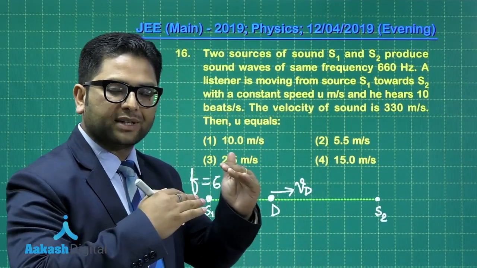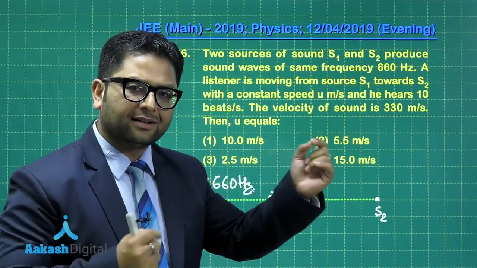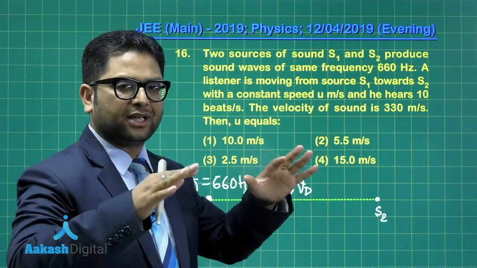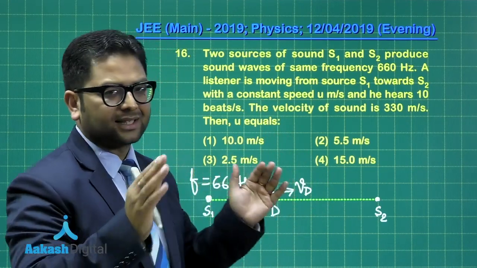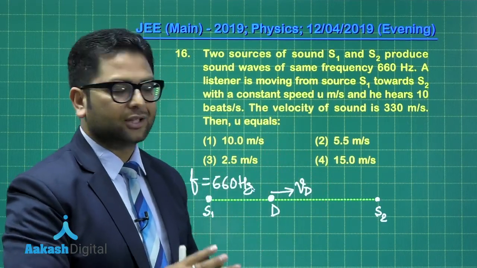So there are two frequencies, and if the speed of the detector is small, not significantly towards the speed of sound, then the difference in frequency would be coming into the range of beat. The whole idea is that.